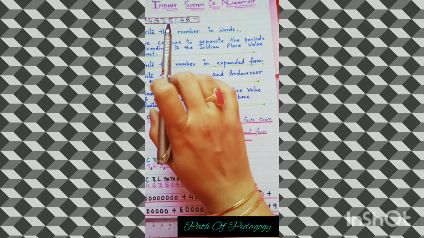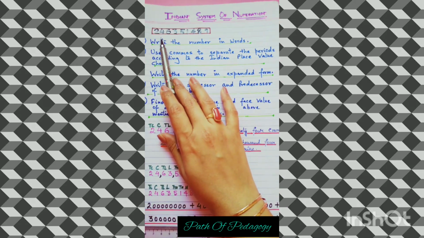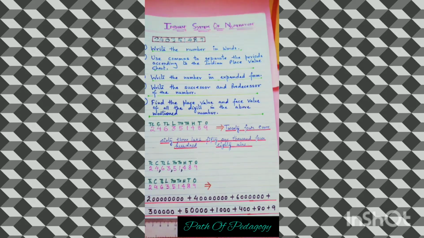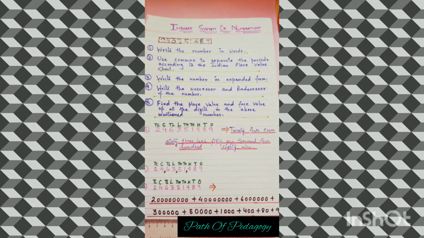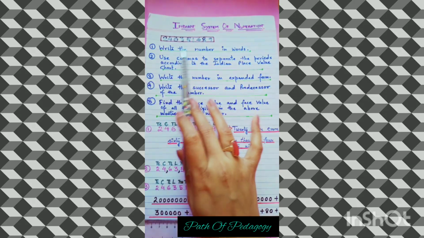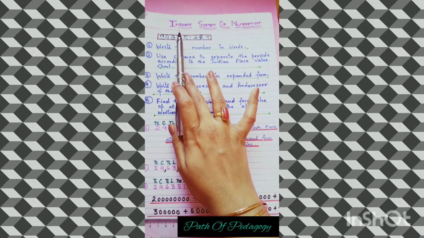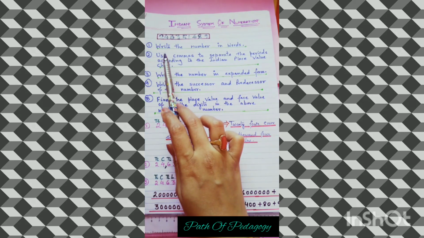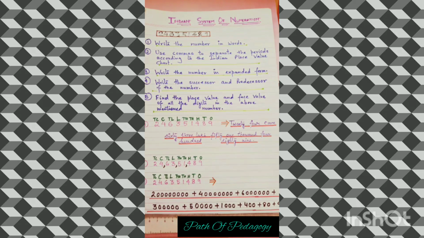Now take the example of this number, 246351489, and we will do different types of sums with this example according to Indian number system. So first question is write the number in words.